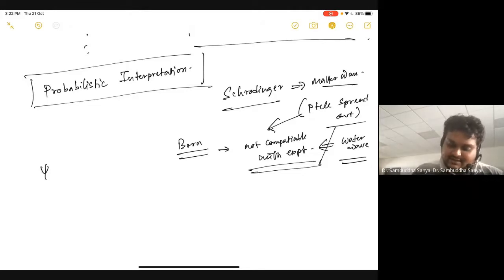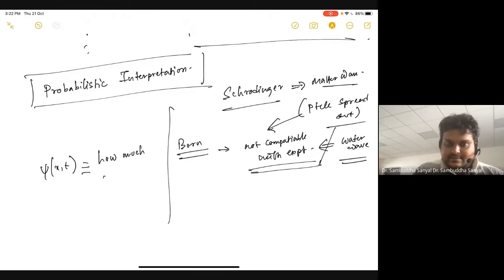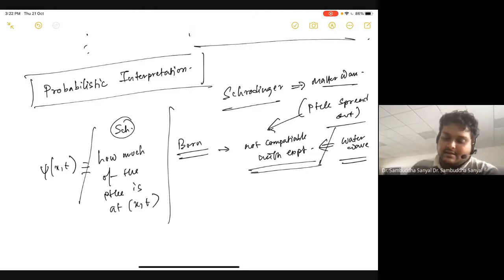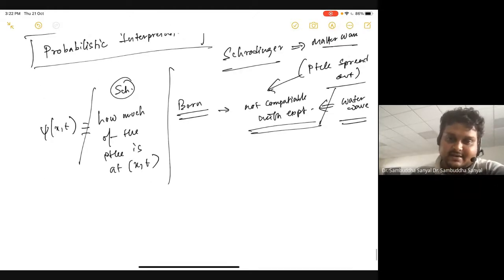So Schrodinger's approach was that this thing is how much of the particle is at x, t. And that was clearly not a correct way, because it was not giving you the scattering experiment interpretation.